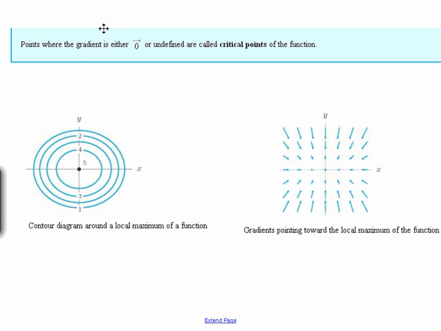So we could say that slightly differently, which is that whenever my gradient, remember my gradient is f partial x i plus f partial y j, anytime that my gradient is either 0 or undefined, that's a critical point of my 3D graph.